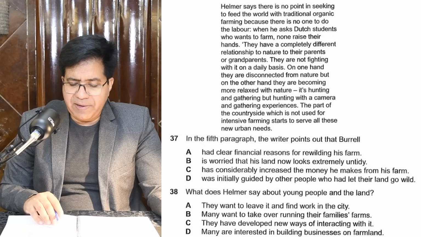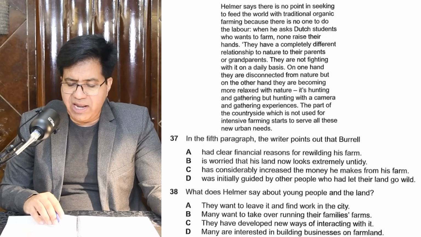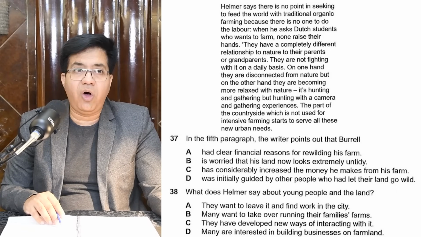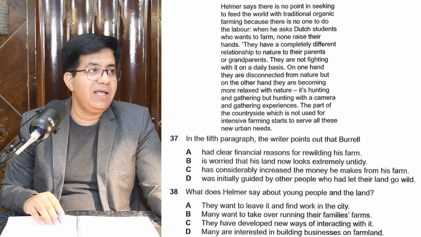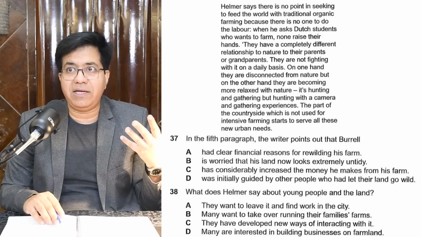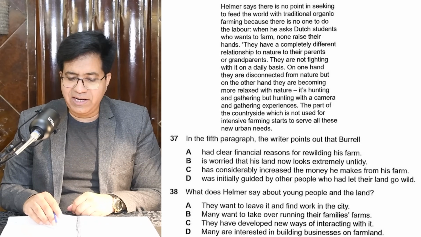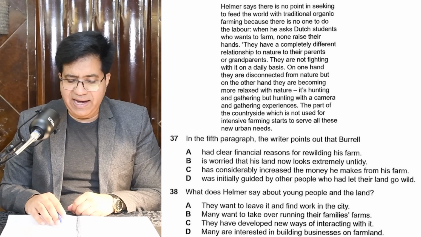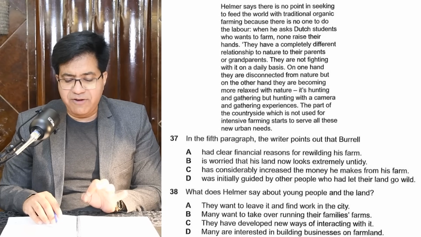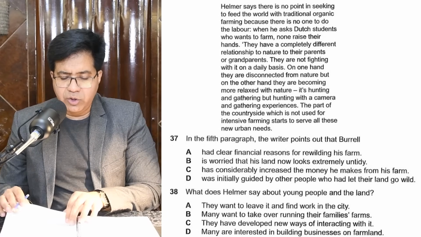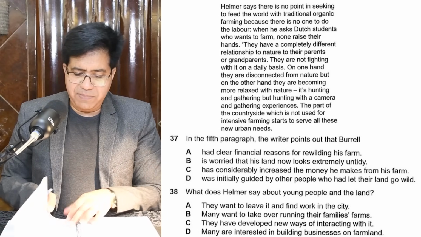They have a completely different relationship to nature, to their parents or grandparents. What does it mean? The young people have changed their mind. He said, who wants to do farming? Nobody raised hand. Right? And then he says, none raise their hands. They have a completely different relationship to nature, to their parents or grandparents.